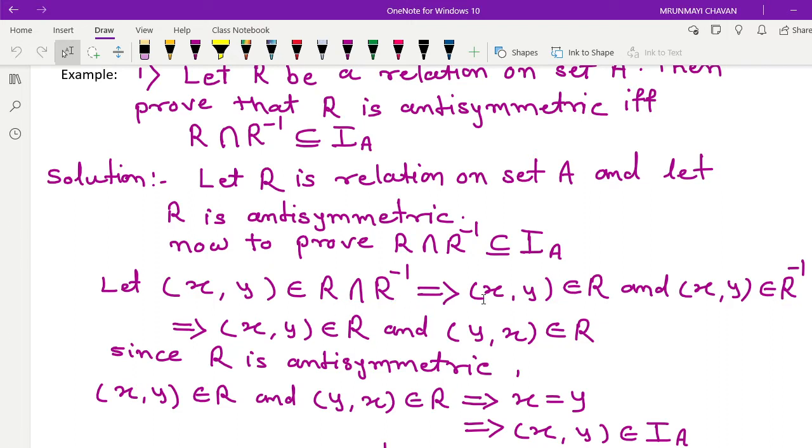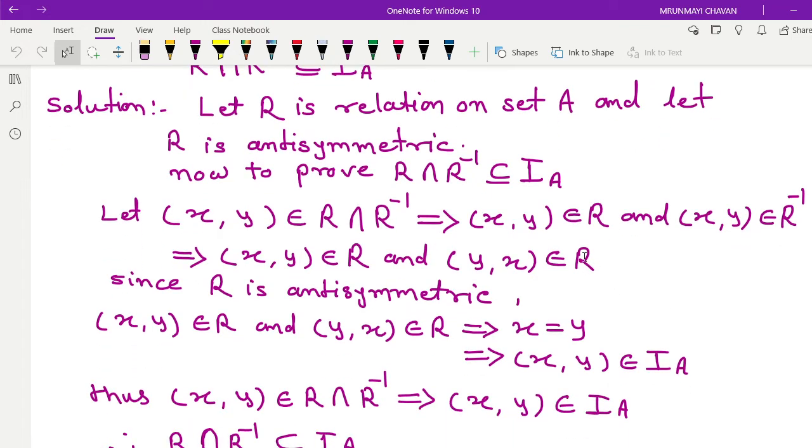Now this implies that since this here is intersection of R and R inverse, we can say that XY belongs to R and XY belongs to R inverse. So XY belongs to R and XY belongs to R inverse, that means YX belongs to R. So this XY belongs to R and this YX belongs to R.